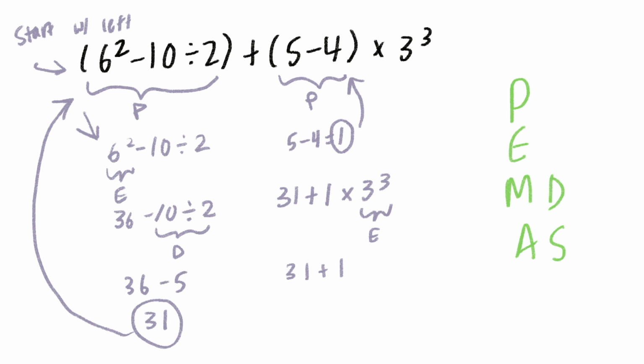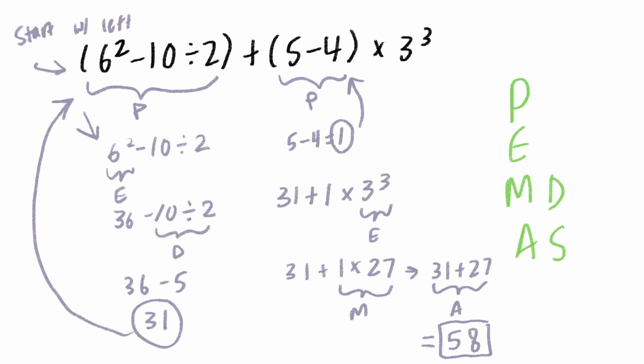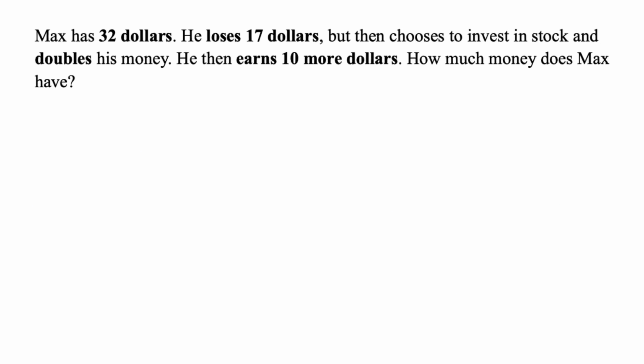We can just write this as 27, so 31 plus 1 times 27. Let's get the multiplication out of the way, which is just 27. And then we're finally at the addition-subtraction tier of PEMDAS, which is 31 plus 27, so our final answer is 58.